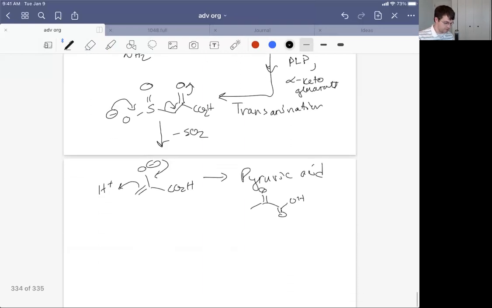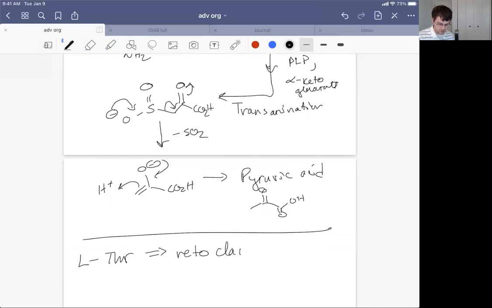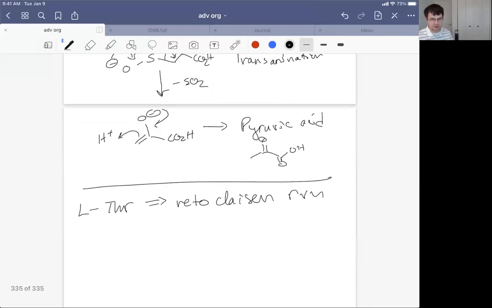For the case of threonine, we're going to rely on the Retroaldol reaction. We can do some stuff like what we've seen before, where we can do Retroaldol reactions, and we can even intercept other pathways. We'll talk about that. Let's start with the Retroaldol reaction, which is the newest one.